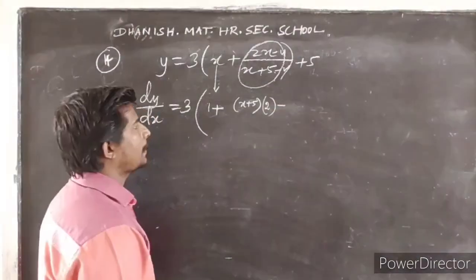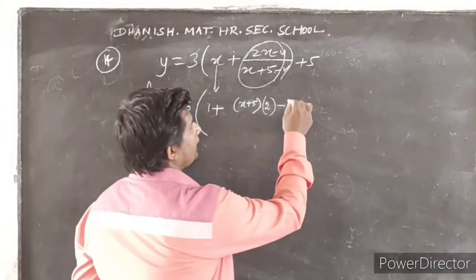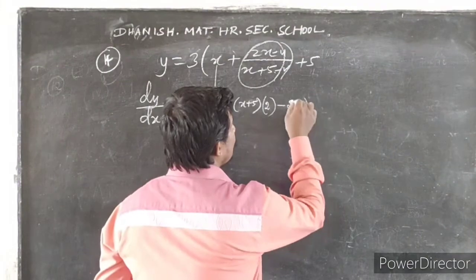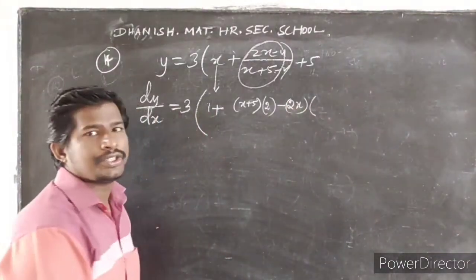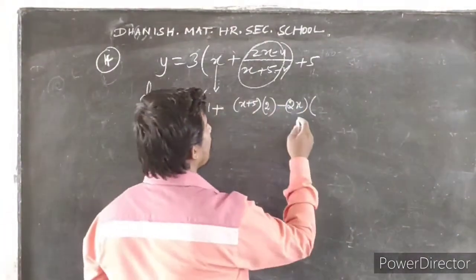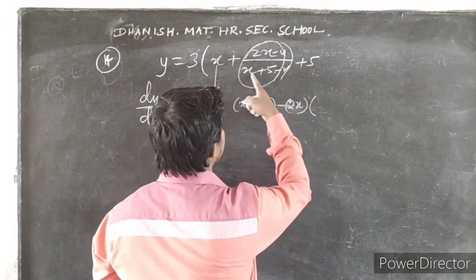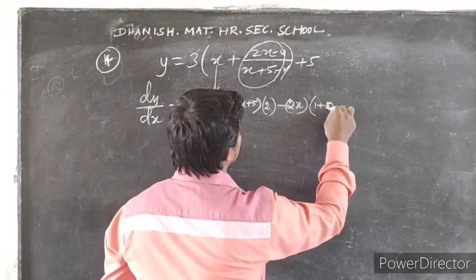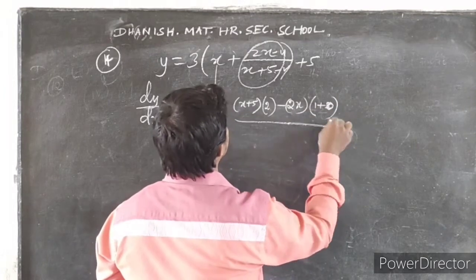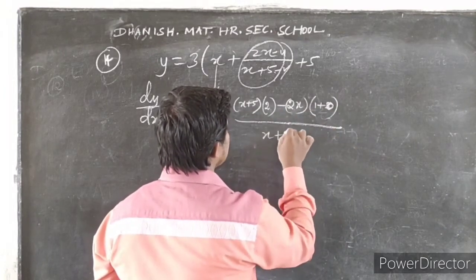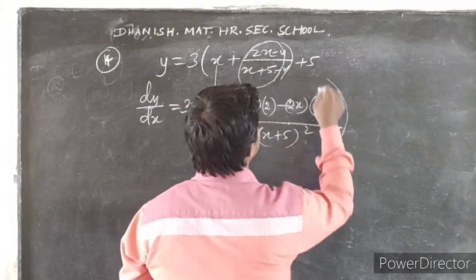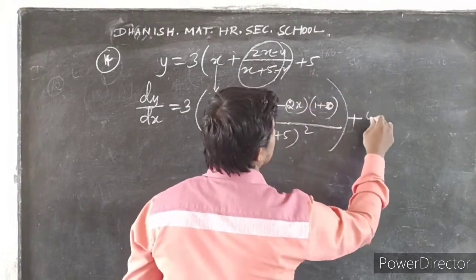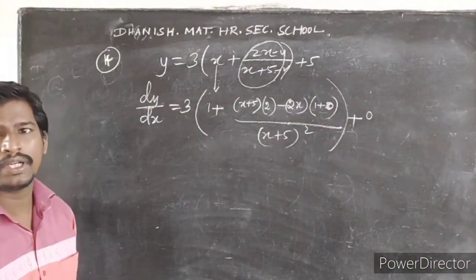Minus. Now we should write u as it is, then we should differentiate v. Here we are having v as x plus 5, the derivative of this is 1 plus 0, divided by v square. So x plus 5 whole square, plus the differentiation of the constant, which is 0.